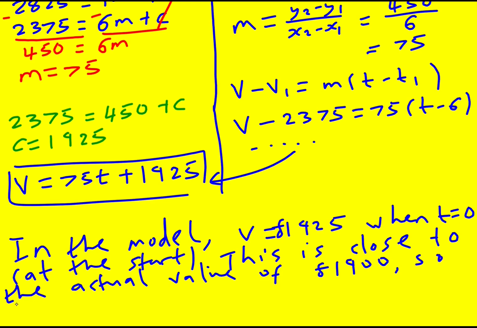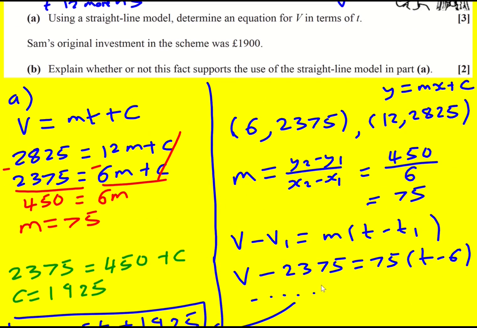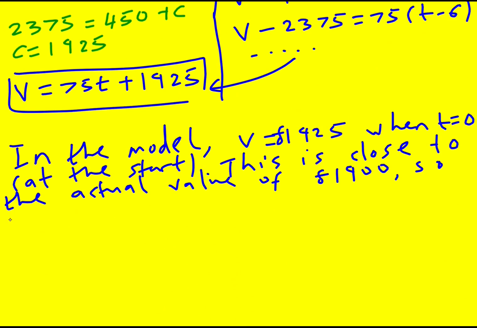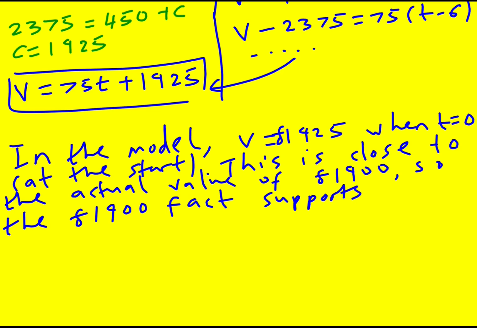I kind of said it the wrong way around, haven't I? So the 1,900 fact supports the straight line model. If it had actually been 1,000 or something like that, then you'd be like, oh, this doesn't look right, but it's pretty good.